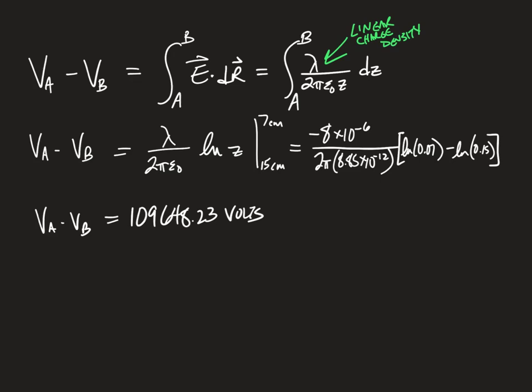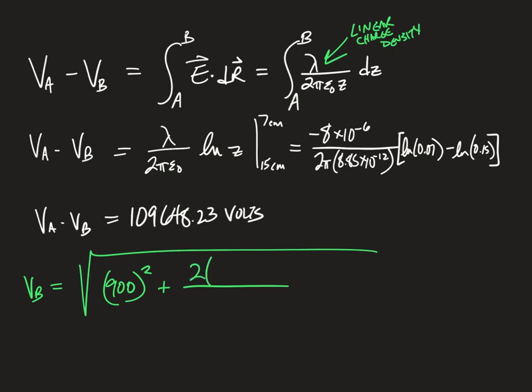Now that we have that piece of the puzzle, calculus stuff comes in handy. So VB will be this 900 meters per second squared plus, oh wait, I think Q is. So we can pretend that we did that out. I didn't write out the computation.